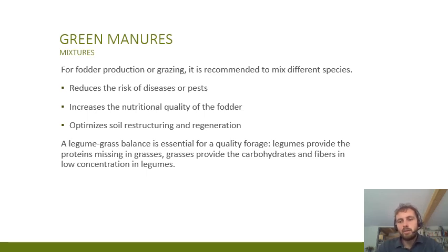It will increase the nutritional quality of the fodder if you want to use green manure as fodder, and you will optimize soil restructuring and regeneration by combining nitrogen fixation, phosphorus mobilization, and soil decompaction of the different crops. If you want to produce forage, it's really essential to have this legume-grass mixture in order to provide the proteins with the legumes and to provide the fibers and the carbohydrates with the grasses.